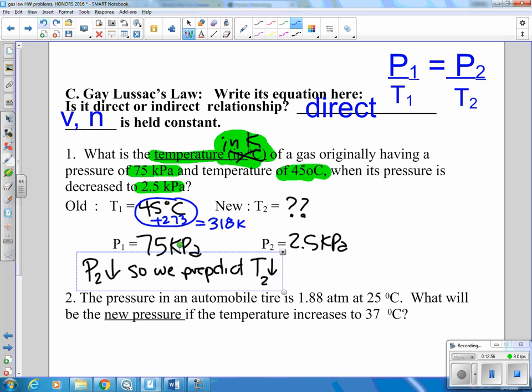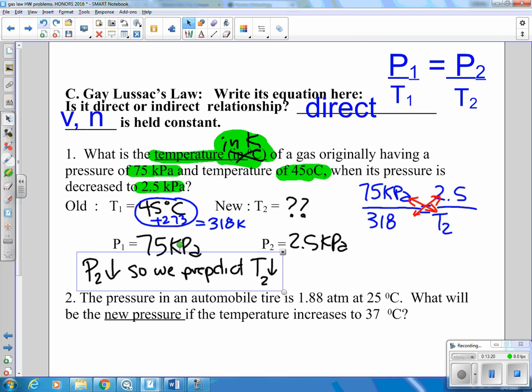So let's go ahead and put the numbers in. We're going to put 75 on top because that's pressure. We're going to put 318 on the bottom. We're going to set that equal to 2.5 on the top, and the temperature down below, that's what we don't know. So we've got to cross multiply here and be very careful since temperature's on the bottom. I get a lot of students that get this wrong.